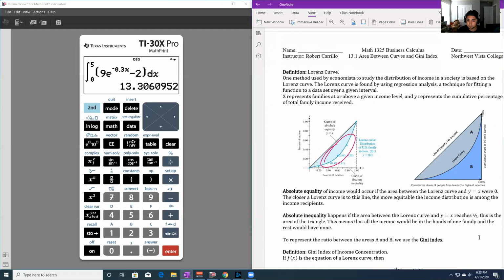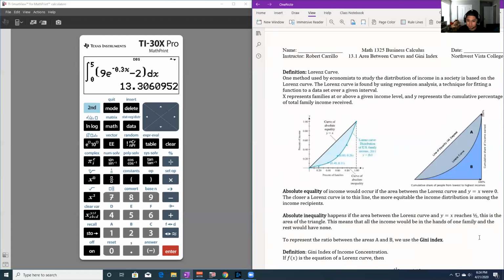To represent the Lorenz curve, we use something called the Gini Index. I'm going crazy, we'll just say Gini Index.